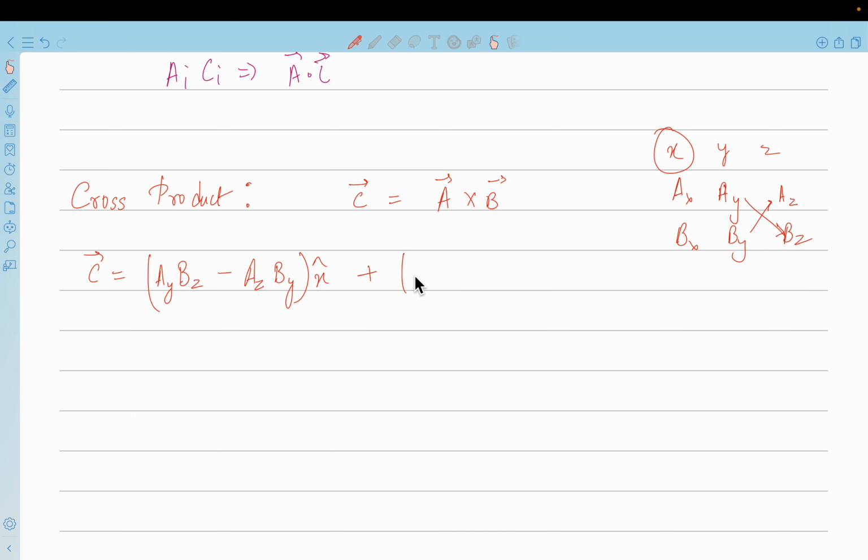So absorbing the negative sign, I have first BxAz minus AxBz in the y cap, plus for the z I have AxBy minus BxAy. Okay. Yeah, so this is something very standard we know of.